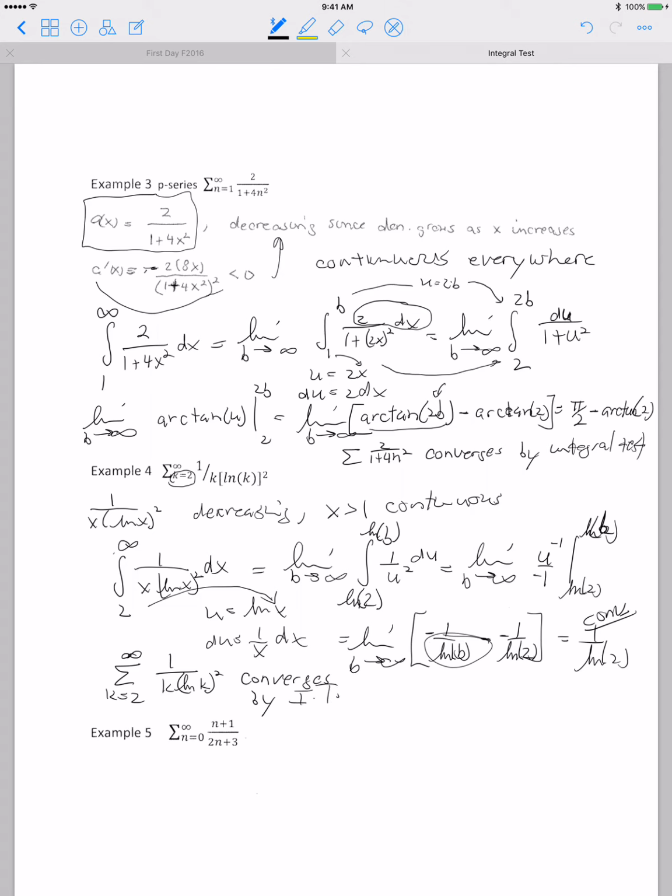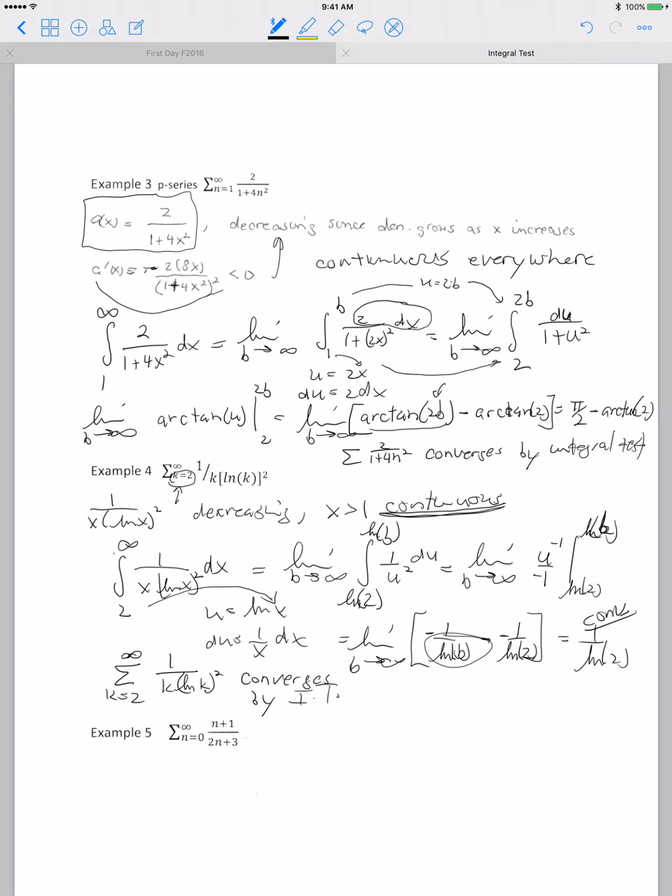Okay, so the only thing different here is we started our lower limit at 2 rather than at 1. One reason we didn't start it at 1 is because our function would not have been continuous had we started the series at 1, because the natural log of 1 is 0 and we would have been dividing by 0, and therefore we wouldn't have had this continuous property that is necessary for us to apply the integral test.